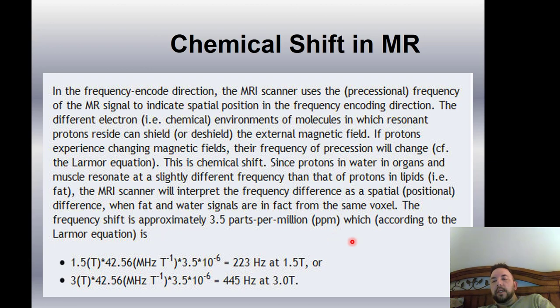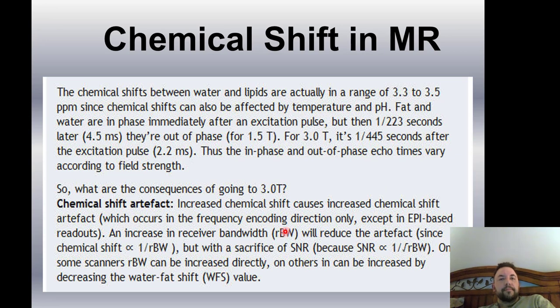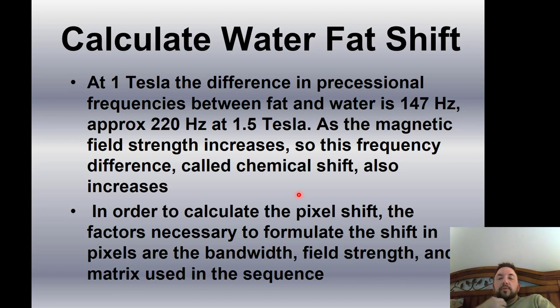So those are ways that you can translate that 3.5 parts per million into your hertz of chemical shift. So again, higher field strength will lead to increased opportunity for chemical shift artifacts. Lower field strength would be the way to reduce that.